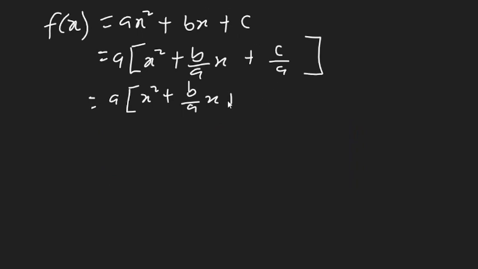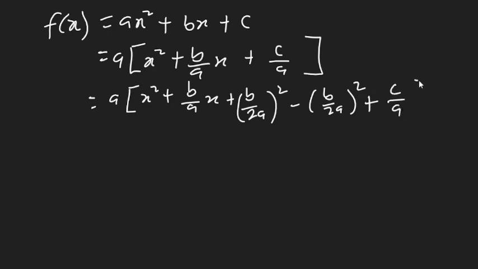So in this case, we add the square of half the coefficient of x, which is b on 2a squared, and we subtract b on 2a all squared plus c on a.